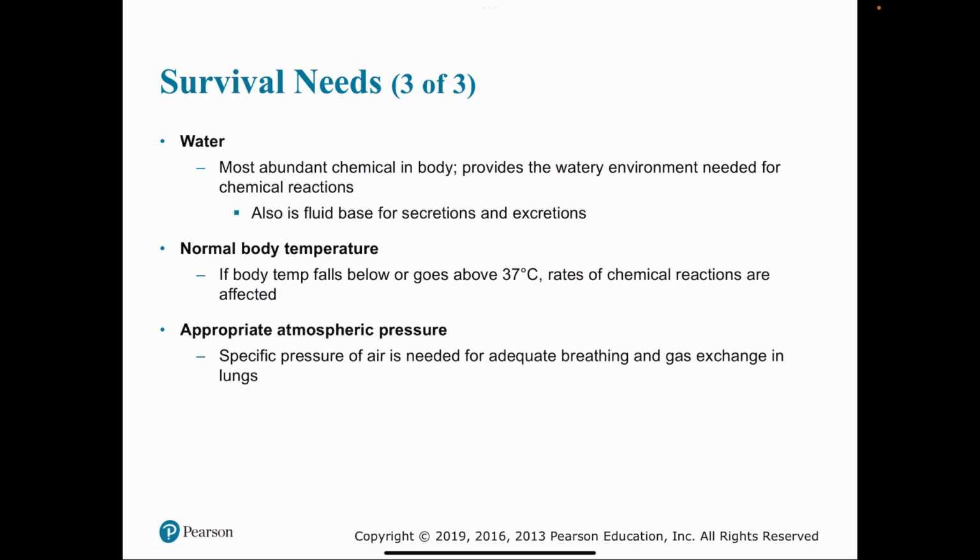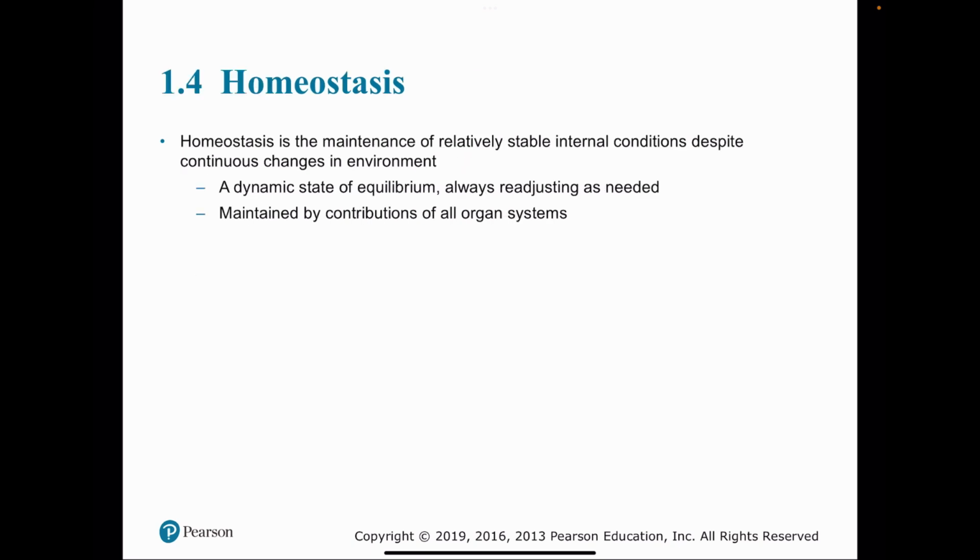If we have not enough pressure, or if we have too much pressure, essentially this will alter the respiratory mechanics, making it very difficult for oxygen to be consumed, or it could cause other gases to actually be kept in the body, so it could become problematic. So we have to have the appropriate atmospheric pressure for respiration or breathing.